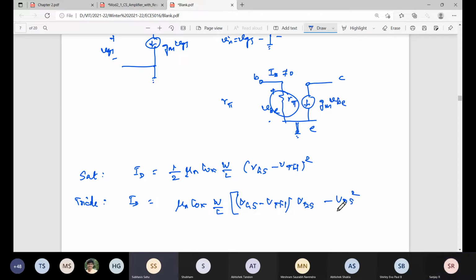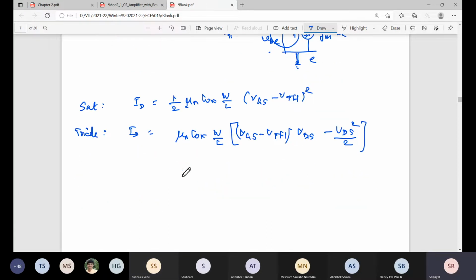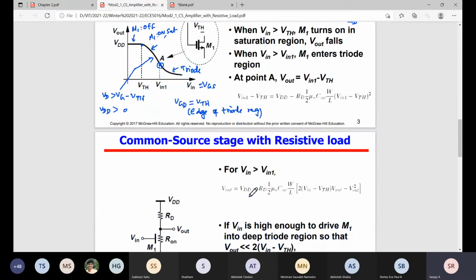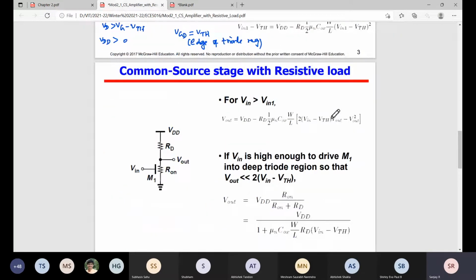Some authors write it by taking VDS outside: mu n Cox W by L VDS (VGS minus VTH minus VDS by 2). You can remember any one of these. So in the triode region, you can write it like this.